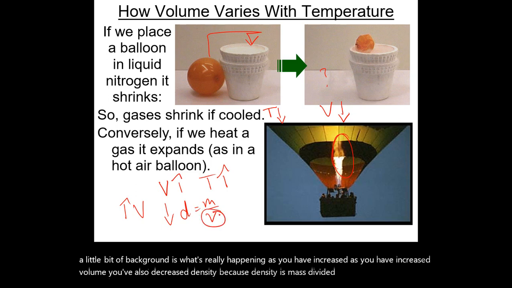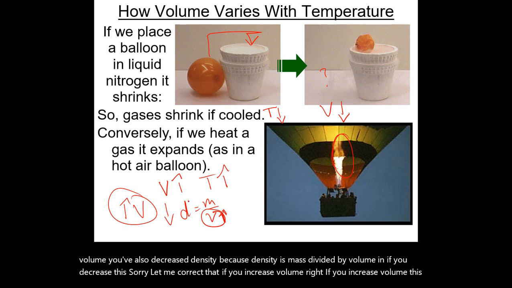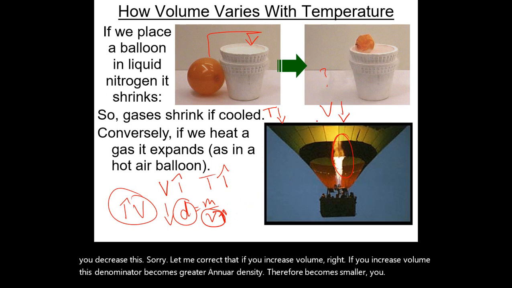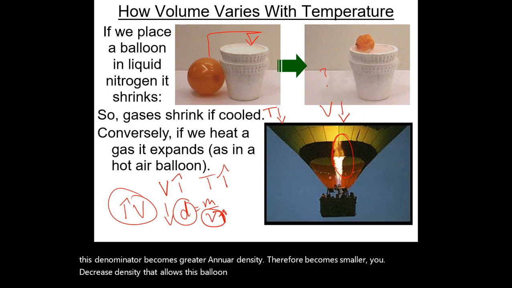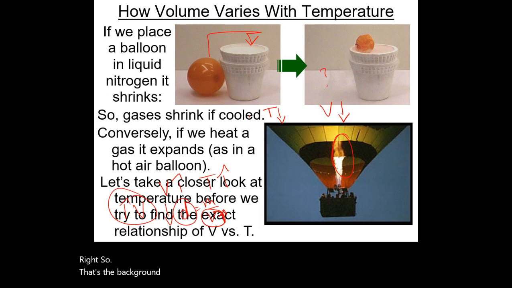If you increase volume, this denominator becomes greater and your density therefore becomes smaller. You've decreased density. That allows this balloon to float in the atmosphere, because of this hot air. So that's a little background there. Sorry for all that scribbling.